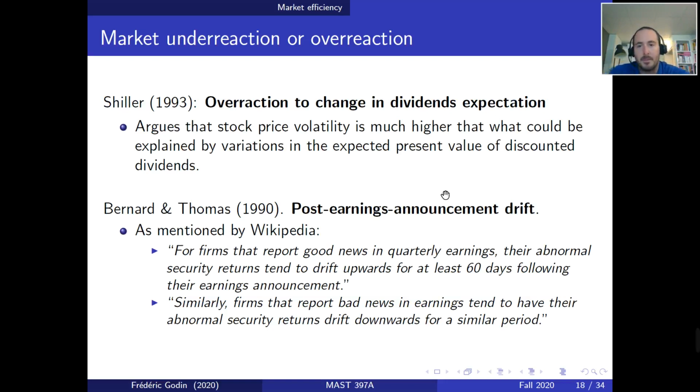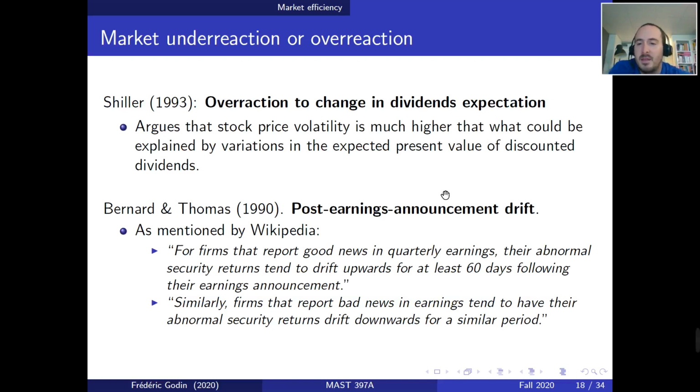So have some studies discussed this question, do investors under or overreact? The answer is yes. In the first seminal paper, Robert Shiller argued that investors are overreacting with respect to the change in their expectations about the dividend stream.